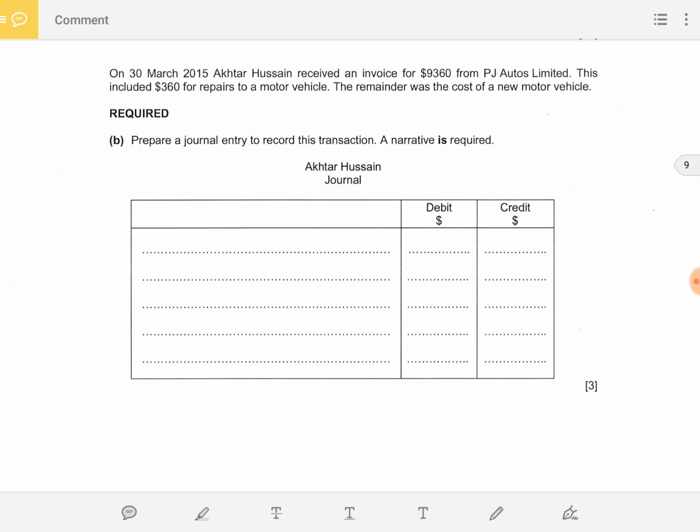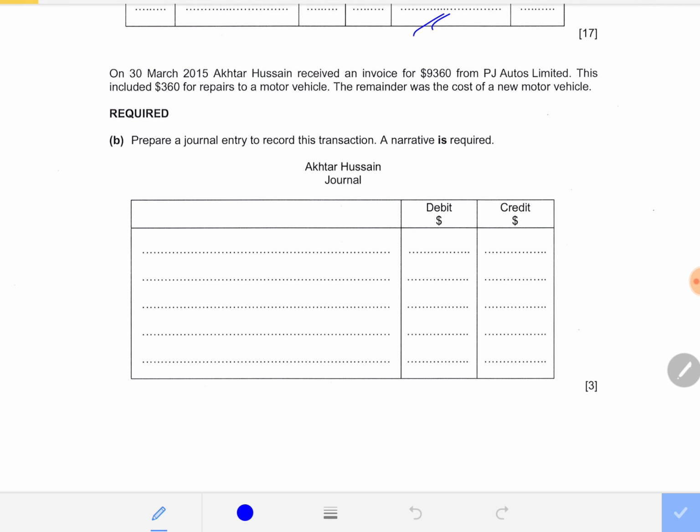We make a journal entry, but we have to differentiate which item goes to which category.